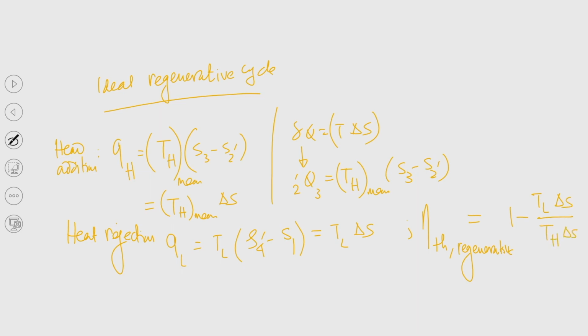I can't write 1 minus TL by TH, rather we can write 1 minus QL by QH, right. So, it follows that 1 minus QL by QH is nothing but 1 minus TL by TH.